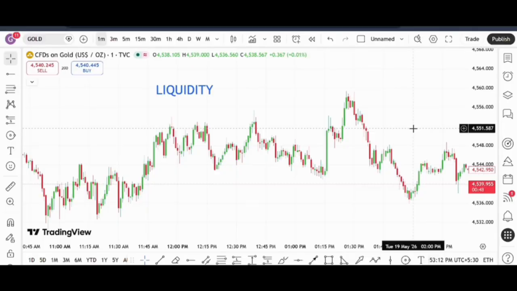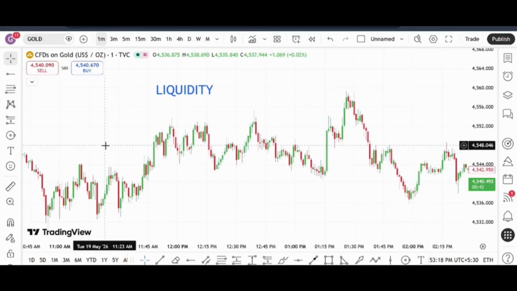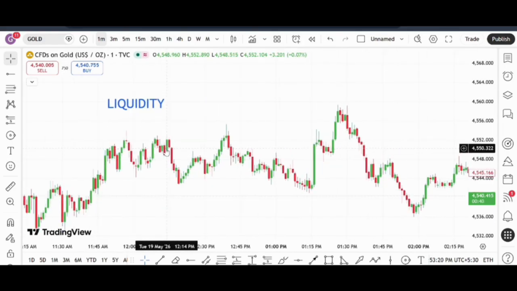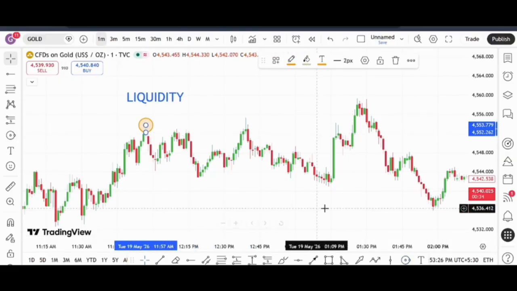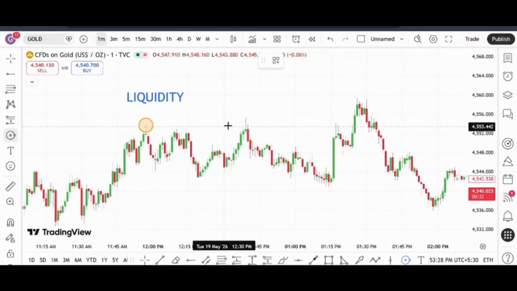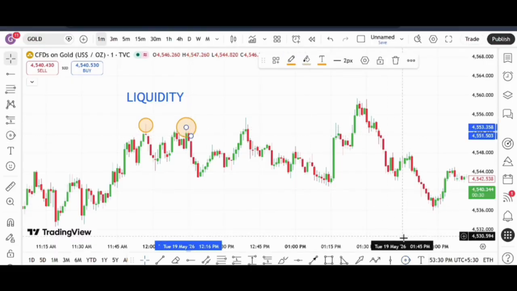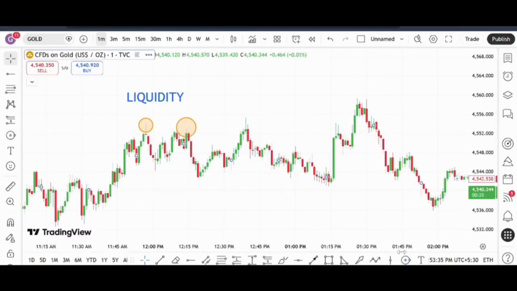Now let's understand buy side liquidity in a very simple and clear way. See, in this chart you can see equal highs. As I mentioned before, equal highs, supports, resistance, these act like liquidity zones.